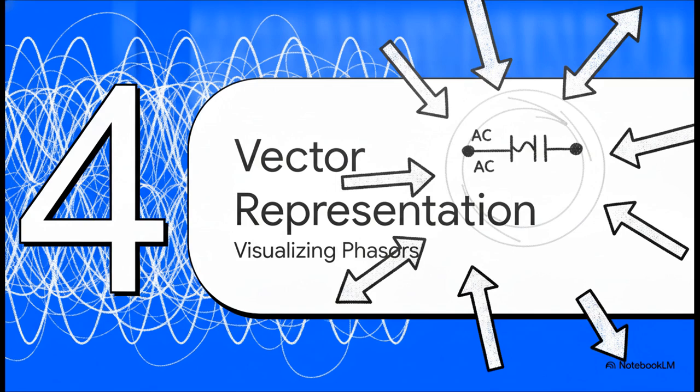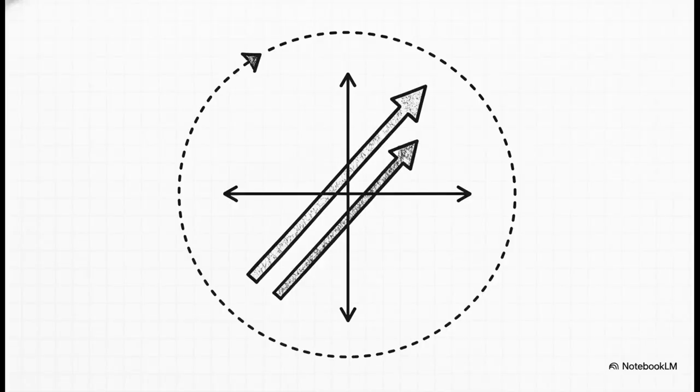All right, section 4, vector representation, which means we're visualizing phasors. So, instead of drawing a wavy line across a time axis, physicists have a simpler way to represent these alternating quantities: vectors, or arrows, rotating around a central point. We call these phasors. The length of the arrow represents the peak value, and its angle represents the phase.